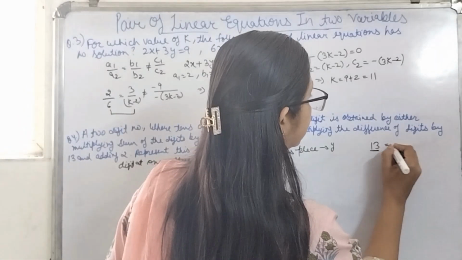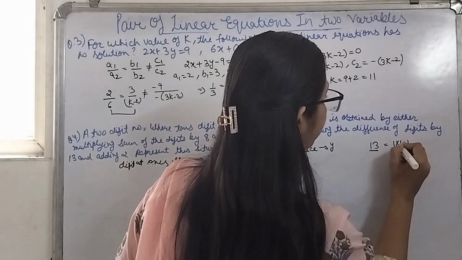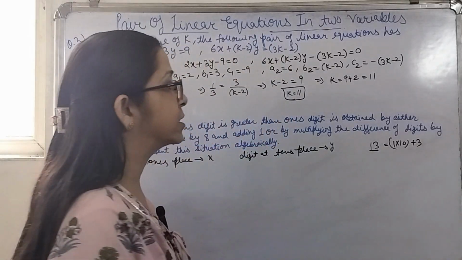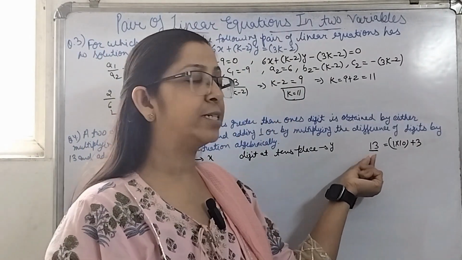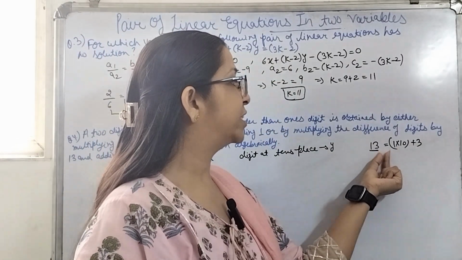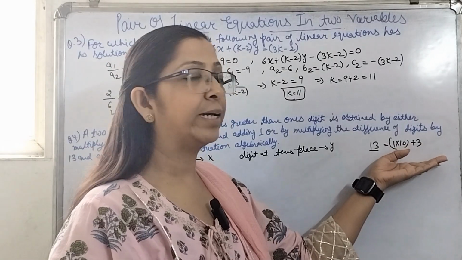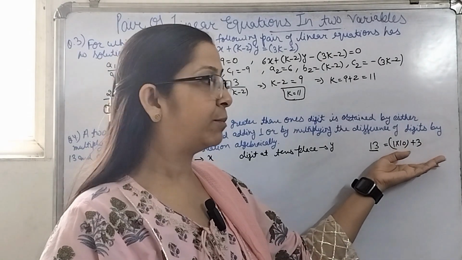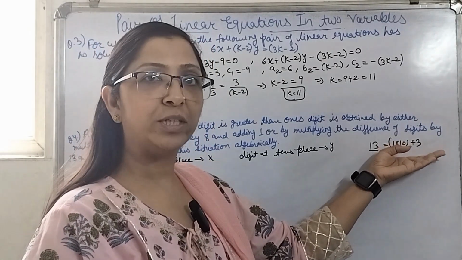We can write it as 1 multiplied by 10 plus 3. That means the digit at the tens place is multiplied by 10 plus the digit at the ones place. This is how we can write any 2-digit number. This is the expanded form of any 2-digit number.